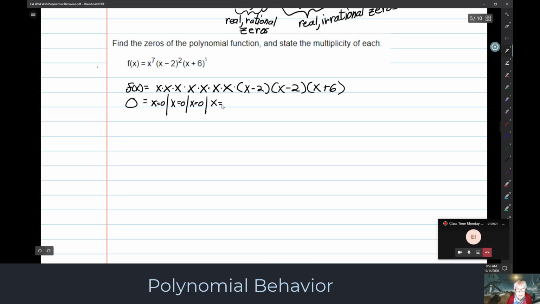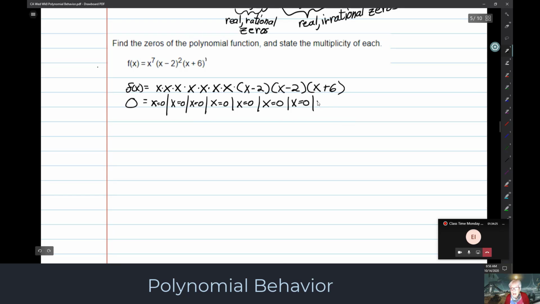X equals 0, x equals 0. 1, 2, 3, 4, 5. Okay, x equals 0. I'm getting a little bored with this. X equals 0. Thank goodness. 1, 2, 3, 4, 5, 6, 7.